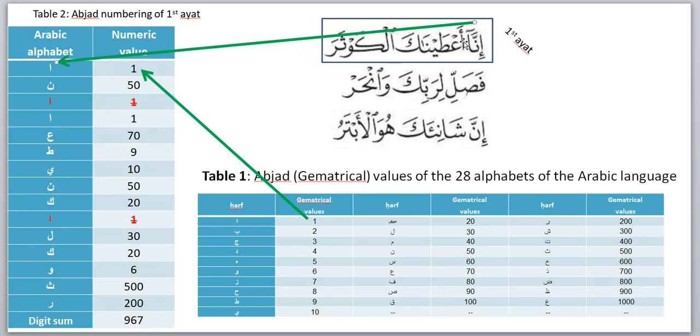Then this alif is recited, Ain is recited, Ta is recited. So the third harf is not recited, and I have cut this third harf from the table.